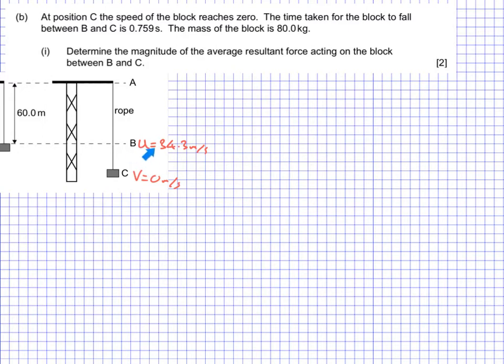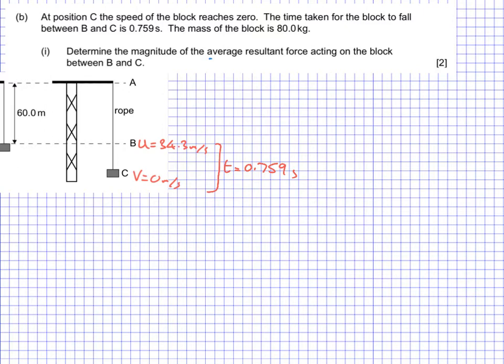We have the velocity at B, was the speed that we previously calculated at 34.3, and then the block is coming to rest at position C with a 0 velocity. We are told the mass of the block to be 80, and that the time duration with which this deceleration happens is 0.759 seconds.